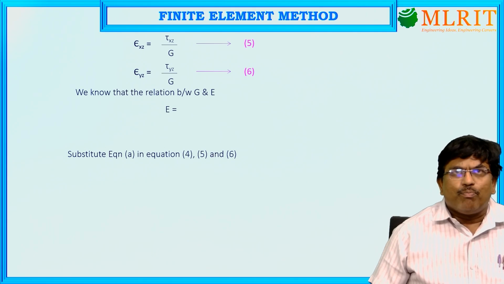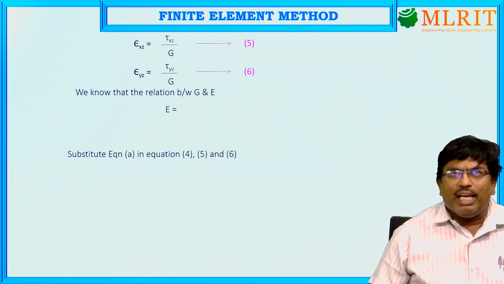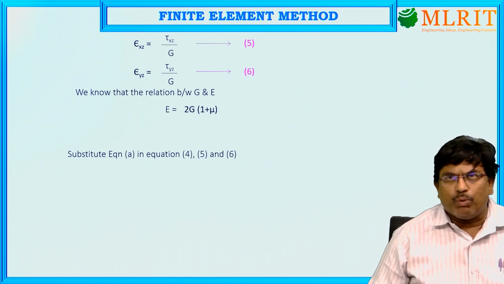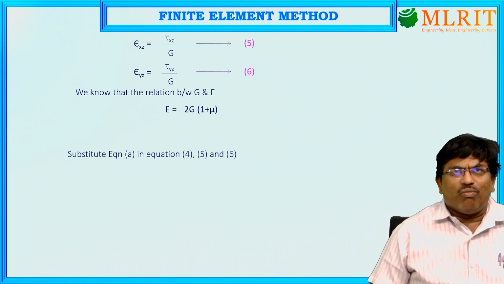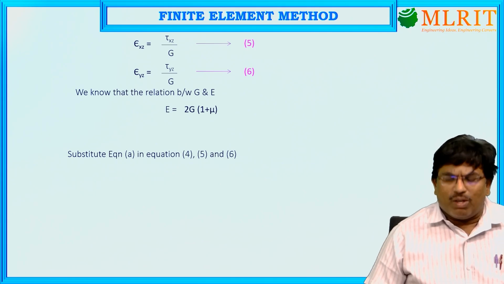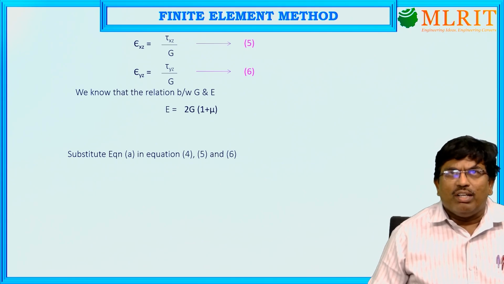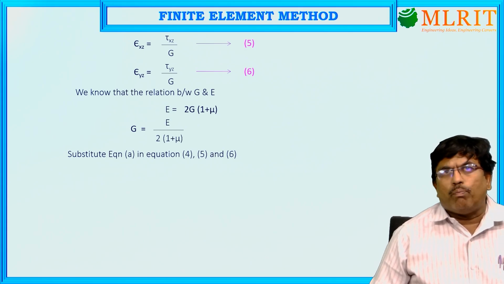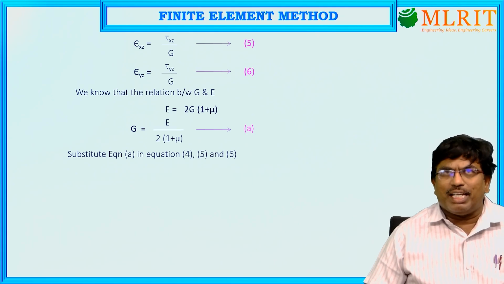We know the relation between G and E, where E is the Young's modulus and G is the modulus of rigidity: E equals 2G into 1 plus mu. We get this from the basics of mechanics of solids. From this equation we require G, so G equals E by 2 into 1 plus mu. This is equation number 4.